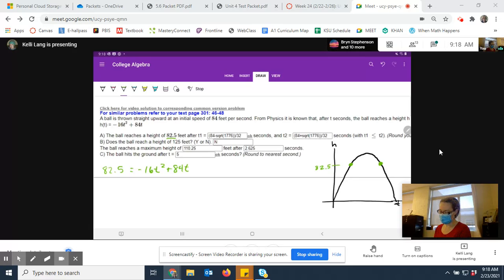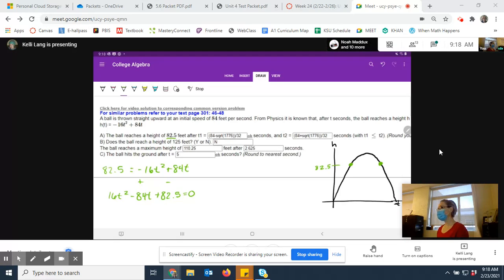So in order to solve this for t, we need to get 0 on one side, and then we're going to either factor or use the quadratic formula to solve for t. So I'm going to add 16t squared to both sides, and I'm going to subtract 84t from both sides. So we end up with 16t squared minus 84t plus 82.5 equals 0.